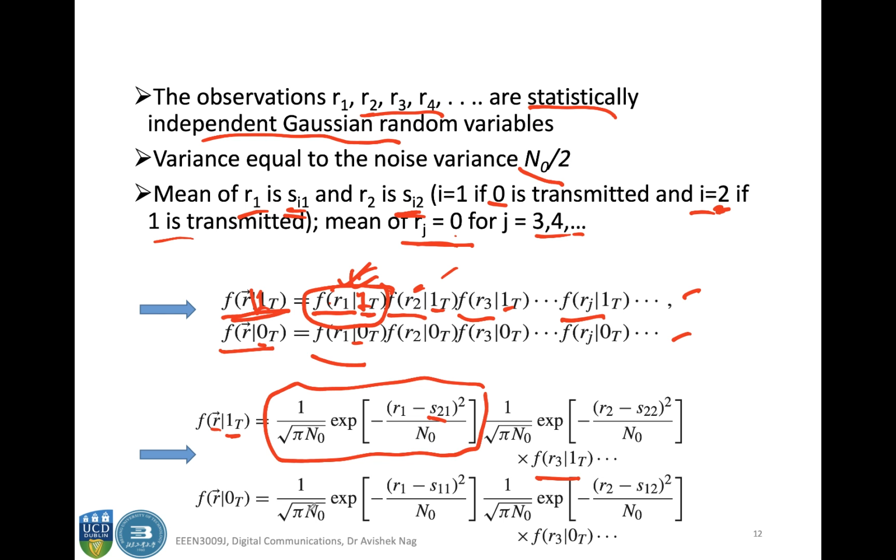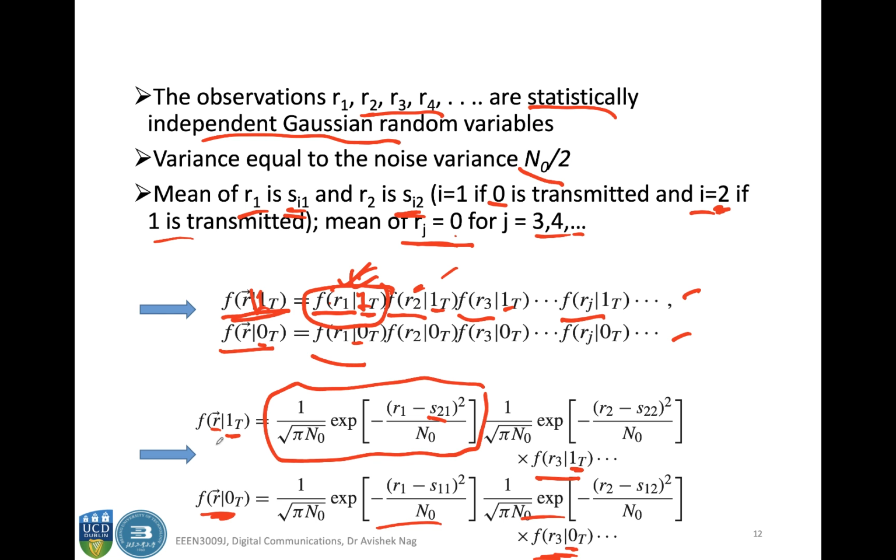Okay. For this distribution also you can similarly write this, and from R3 onwards you keep it the same, because from R3 onwards, whether 1 was transmitted or a 0 was transmitted, the distributions are the same, because these are just zero mean noise distributions. Okay.